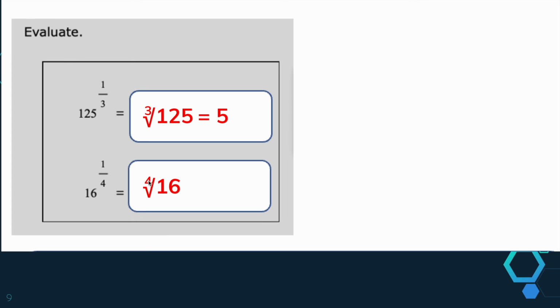So you click that button and then type in 4 to tell it you want the 4th root, and it's going to tell you that it's 2, because 2 times 2 times 2 times 2 is 16. All right, so that is converting between radical and exponential forms, and then also evaluating in exponential form. And we reconverted them here too, just because I think it's a little easier to see the actual radical sign there.